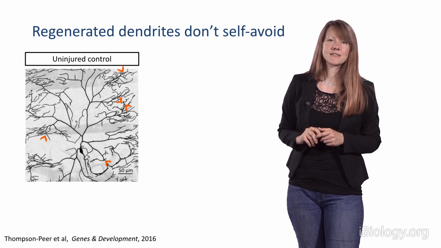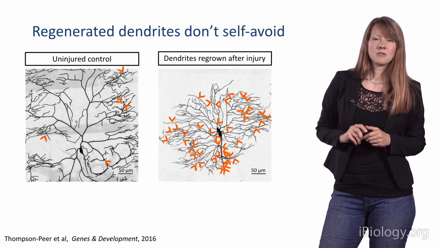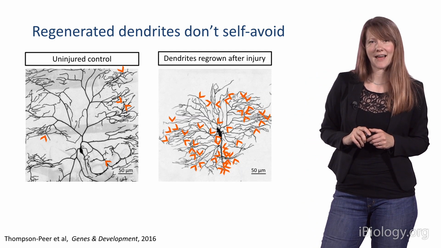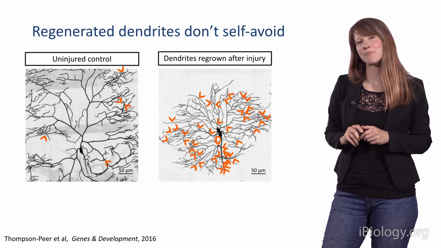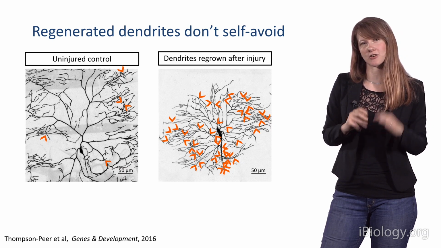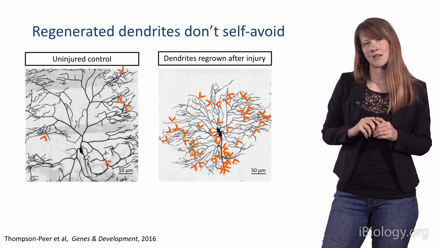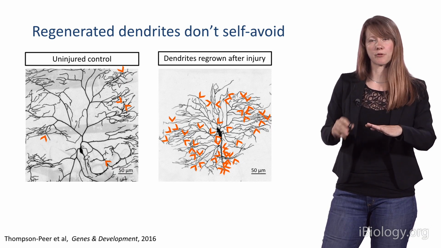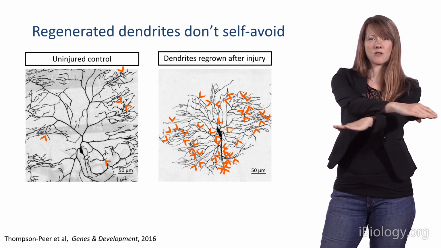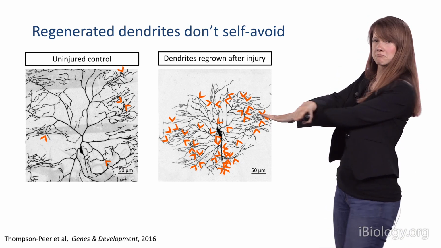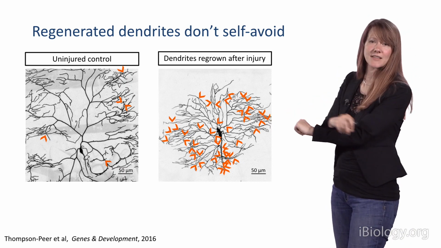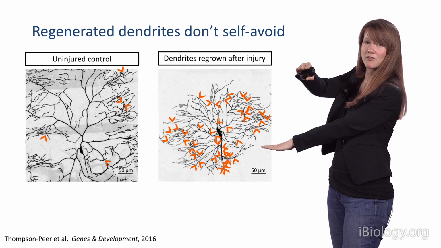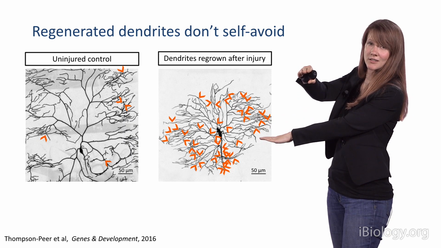What happens to our neurons after injury? Well, they're not so hot. These neurons have many examples in which dendrites are crossing over one another. And what we found when we looked more closely is they have many examples of both dendrites that are crossing over one another and touching, and also many examples where dendrites are crossing over one another and not touching.